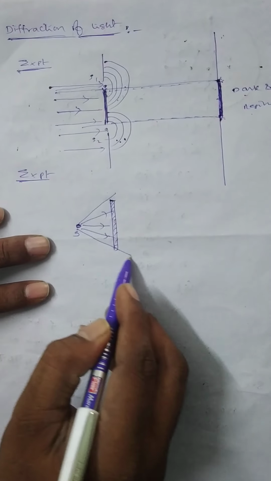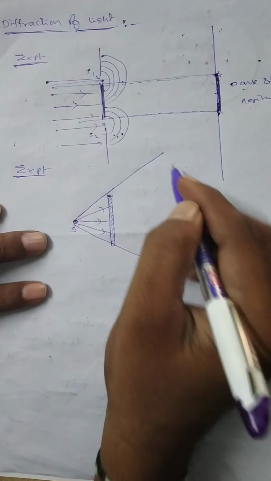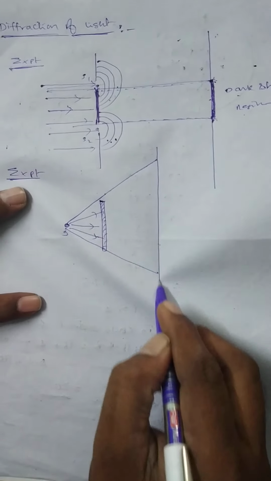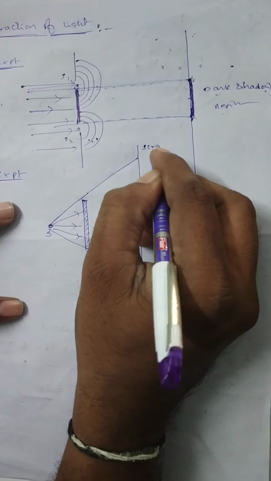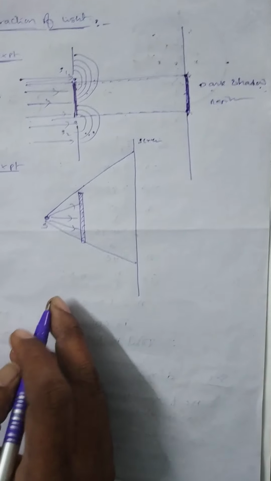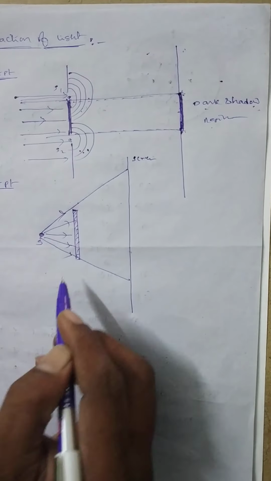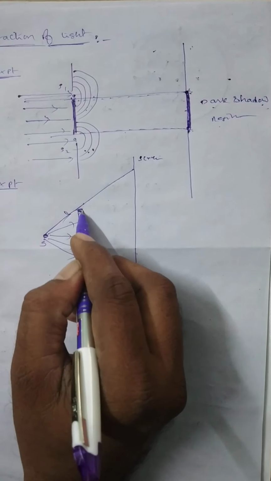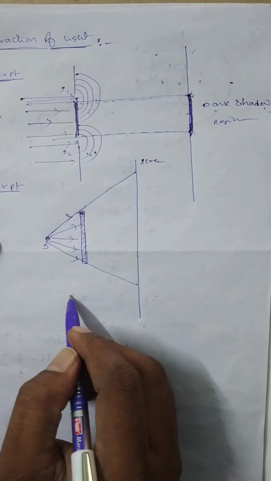Again, this is a screen, which is kept some distance from the opaque material. Opaque means there is no light passing through this material.